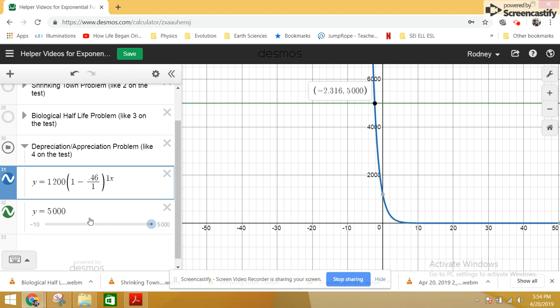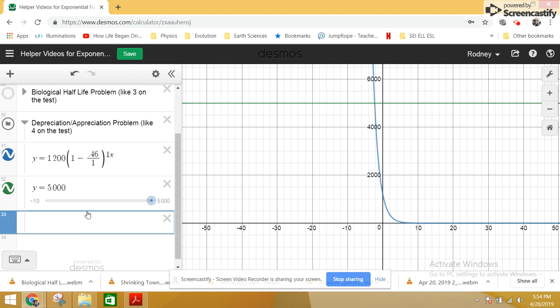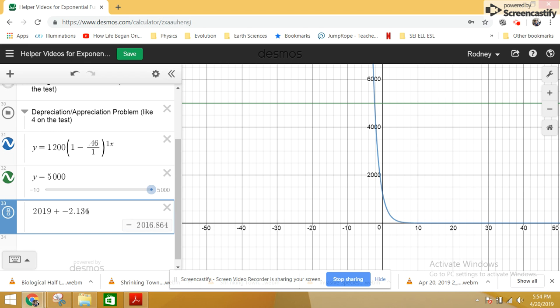Not that far ago. So we're going to say, okay, 2019 plus negative 2.316, and we get 2016.684. We round that to 2016.7. So we bought this thing in 2016.7, which is sometime in September, probably of 2016.